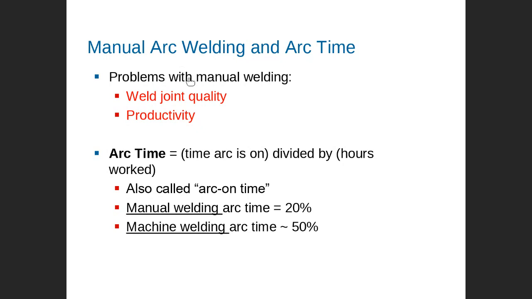The problems associated with arc welding, or disadvantages of arc welding, are the weld joint quality and the productivity. Why? Because arc welding is generally manual welding. So weld joint quality differs from weld to weld because a human is interfering in the weld.